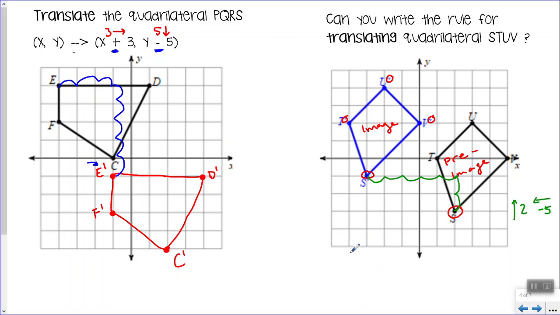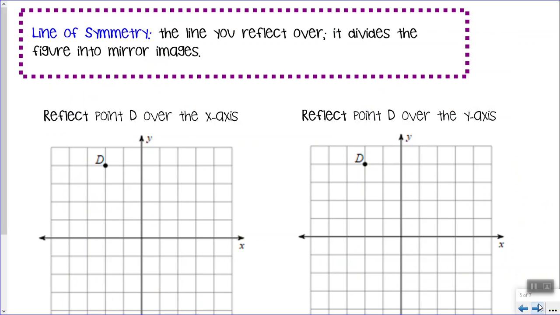If we wanted to write that in coordinate form, we would have x minus 5 and y plus 2. And we could check that by checking another point. So we could say, okay, 5 to the left, 1, 2, 3, 4, 5, and then y plus 2 would be up 2, 1, 2. We end up with U prime, so we know that that's correct.